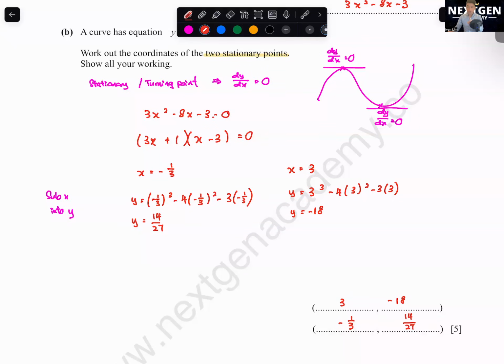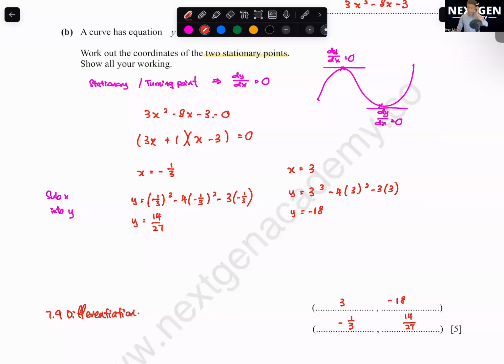If you don't know this chapter, go under differentiation. Go into Thinkific, find differentiation. It is under 7.9. Please write it down.